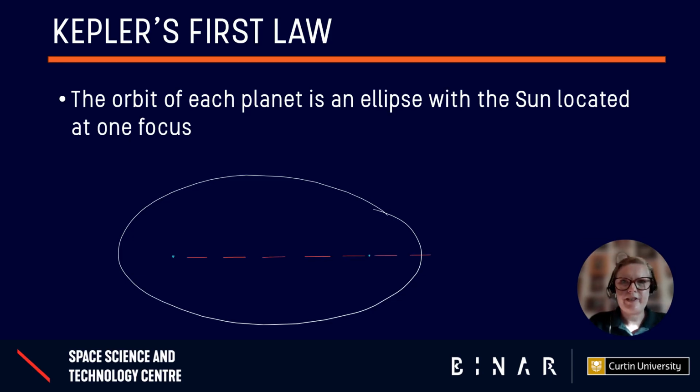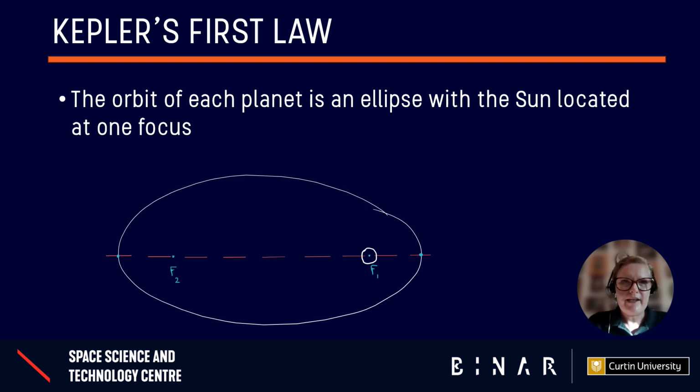So Kepler's first law states that the orbit of each planet around the sun traces out an ellipse with the sun located at one of the focus points, one of the foci. Here on this ellipse, you can see two foci, F1 and F2. F1, the one on the right, is our sun in this diagram, and the planet is the satellite in this case. It will trace out this path over the ellipse as it goes around the sun.